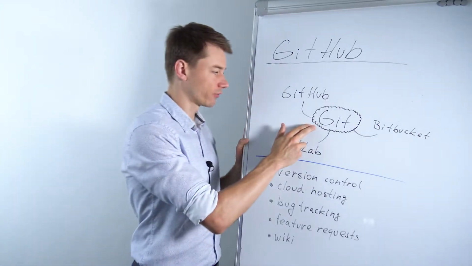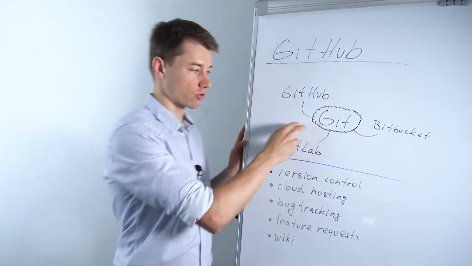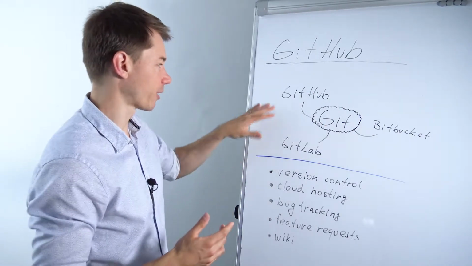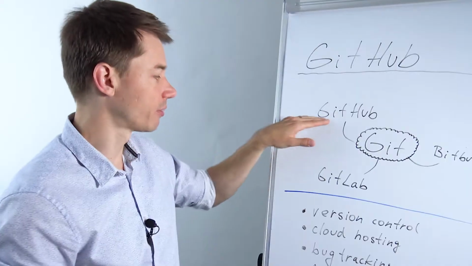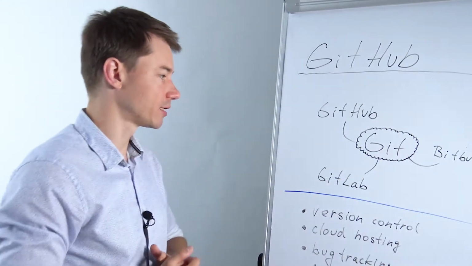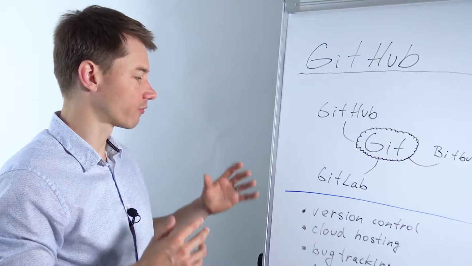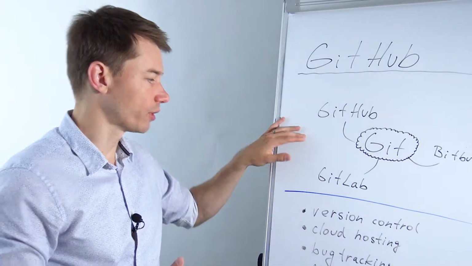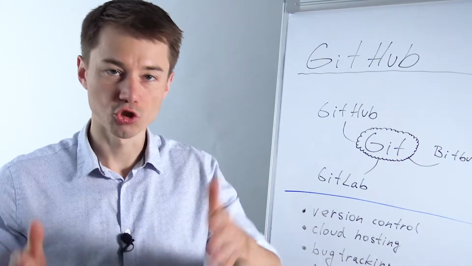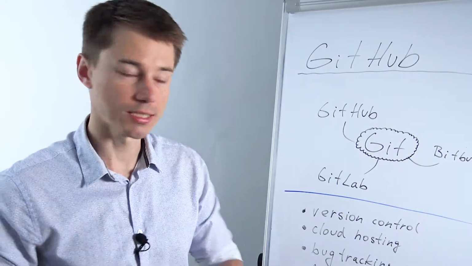So in another video, I explained what Git is, right? Version control system. And we have three major players in this field, GitHub, GitLab, and Bitbucket. They are cloud-based version control systems. So instead of talking about the feature set, I'll show you on an example what it is.